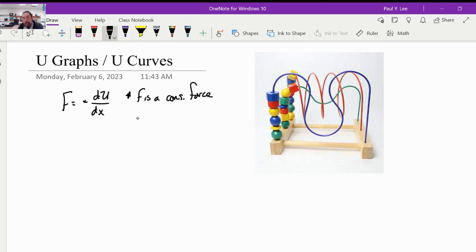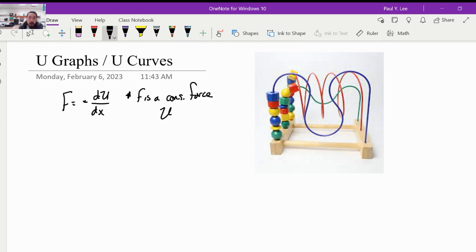Any conservative force is anything that has to do with potential. The reason I bring this up is that to understand what's happening with the potential curves, you have to keep a couple of things conceptually in mind. One of them is that the F is going to be a conservative force. If there's any outside force that's not a conservative force, that's not being referenced here.